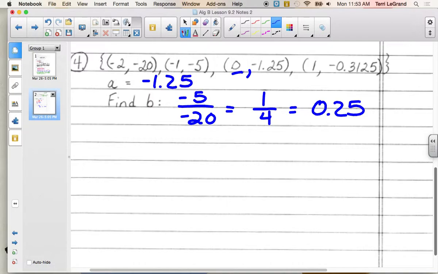Can we choose any one? You get to pick any two y values you want to work with as long as they're side by side. And you take the one to the right and divide it by the one to the left of it.